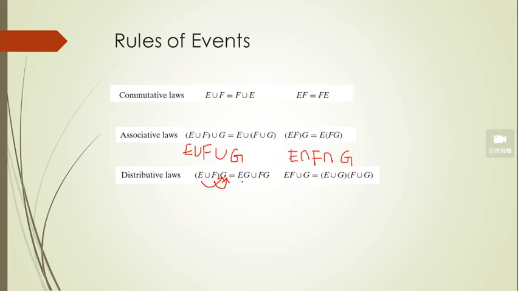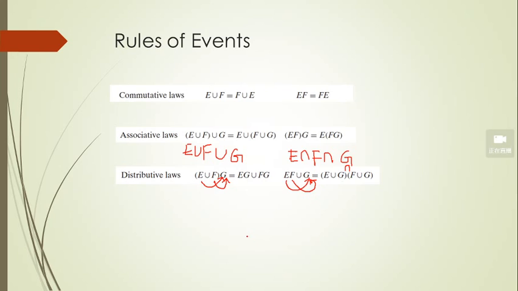Here, E and G means E intersect G. Now the second one, (E and F) union G, will be (E union G) and (F union G). Between two parentheses, that implies and. Okay, that implies and. It's a distributive law.